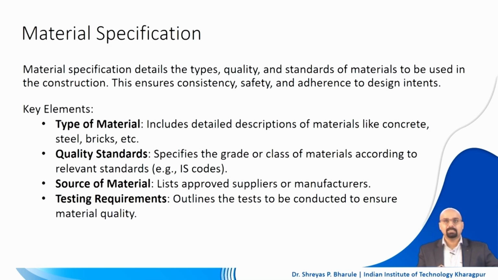Next is adherence to design intent. Say for example, you will be doing all the doors in a custom fashion. All the doors have different types of designs which you are going to provide in a door and window working drawing sheet. All are custom designed.